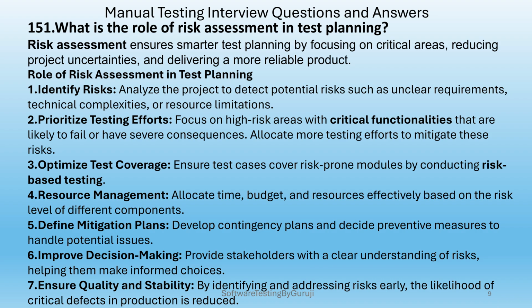Sixth, improve decision making. Provide stakeholders with a clear understanding of risk, helping them make informed choices. Seventh, ensure quality and stability. By identifying and addressing risk early, the likelihood of critical defects in production is reduced. So this is the role of risk assessment in test planning.